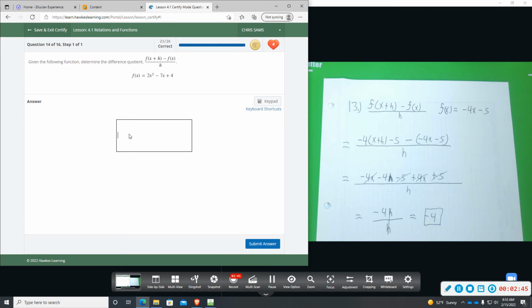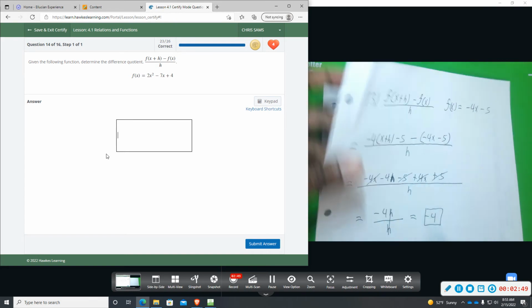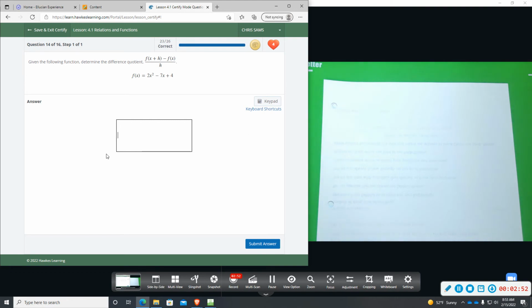All right, so number 14, another example. This one is a little bit more challenging, as we have some squared in here.